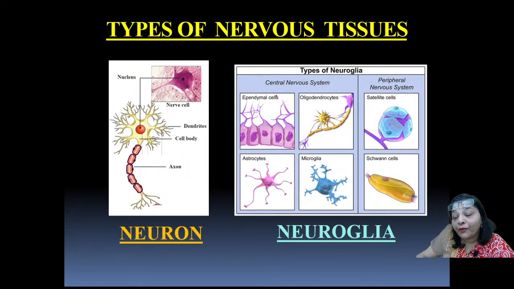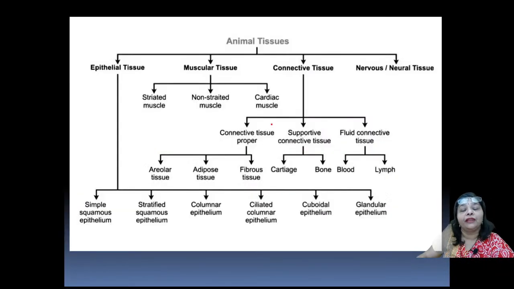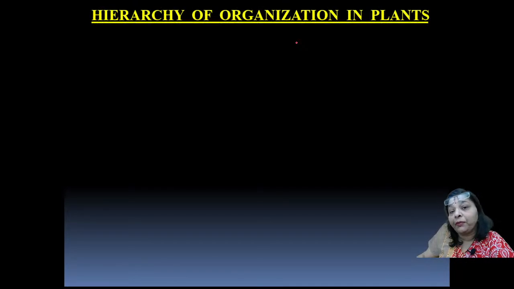Whereas there are supportive cells to these neurons, which are called the glial cells or the neuroglia. Okay, there are different types of neuroglia that help in supporting the conduction of stimuli through the neurons. Right. So this is the summary of the animal tissues, which we just saw. Let us see what we learnt about the plants, right?